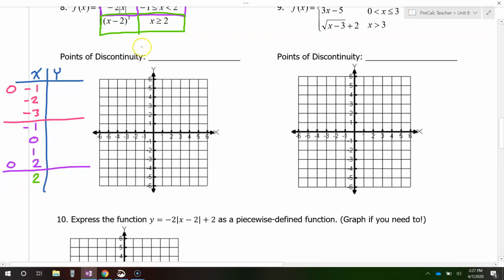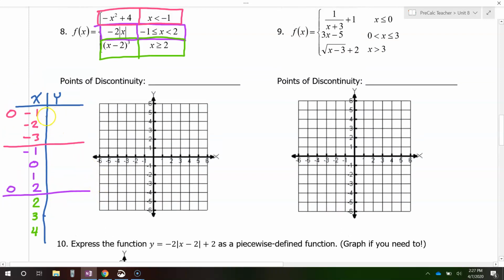But even if it said greater than, I would still start with 2. But then I'll do 3 and 4. Hopefully this will be enough. I can always add more if I need to. So I'm just going to put these values into the function and see what I get.